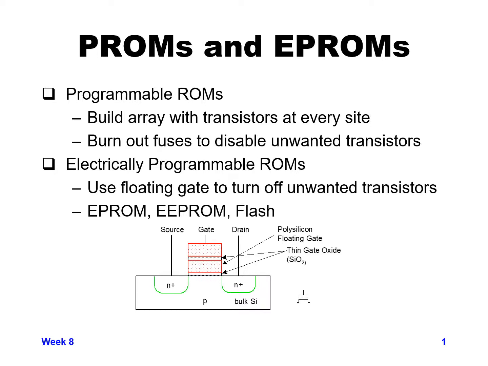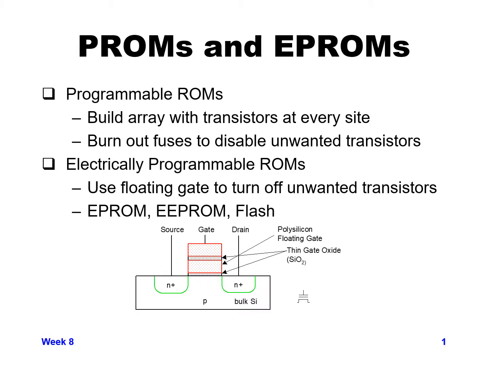Now, programmable ROMs are effectively, you build an array and you have transistors at every site of the array, and then you wind up burning out fuses. So after the fact, once you create the IC chip and have it out in the field, you decide how you want to program it, and you can burn out fuses and effectively disable the unwanted transistors.